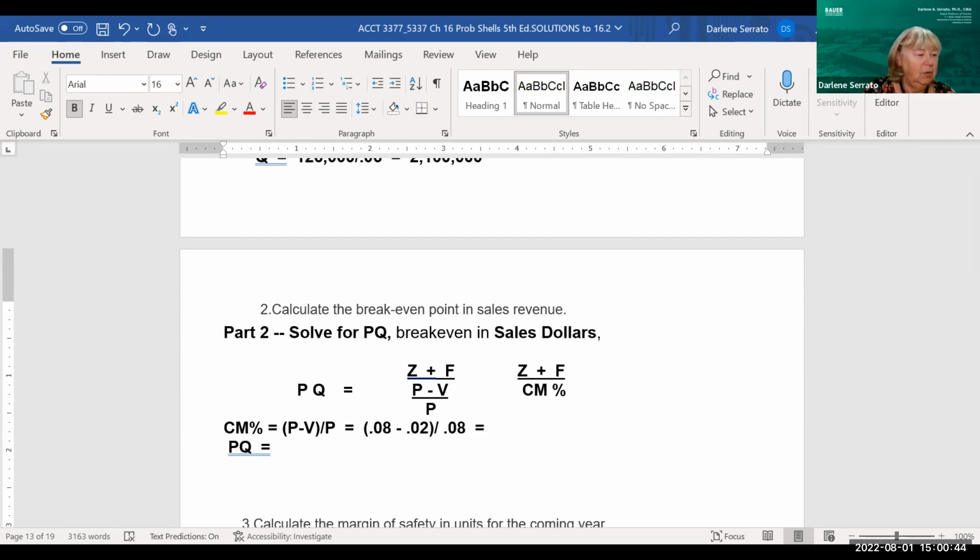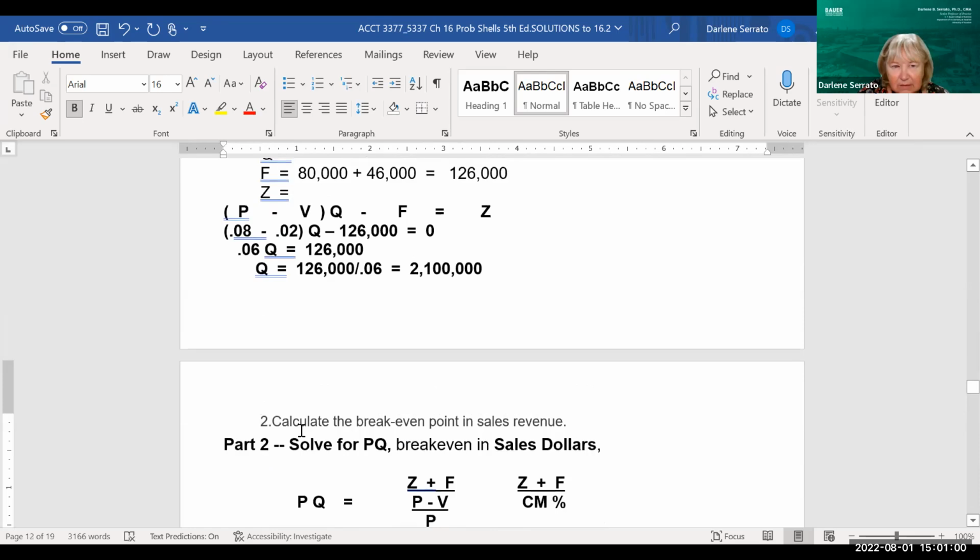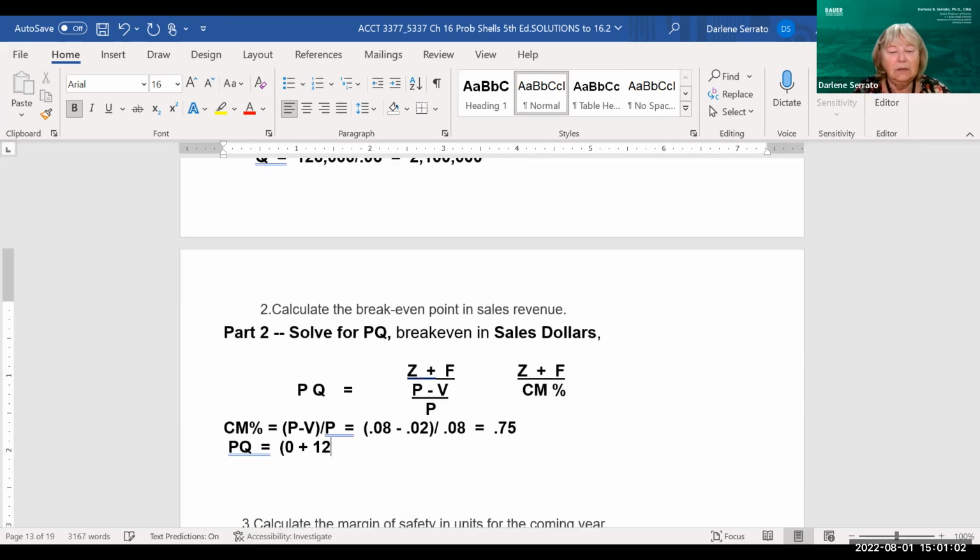And that should equal 0.75. So PQ at break even is 0 plus 126,000 divided by 0.75, and that equals 168,000.